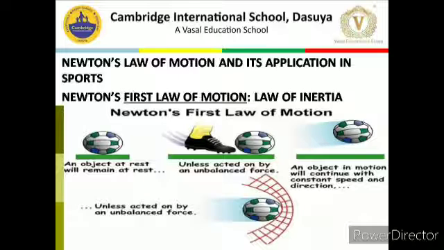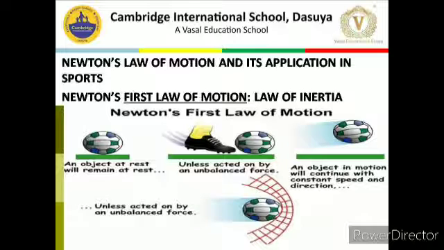An object remains in a state of rest or of uniform motion in a straight line unless compelled to change that state by an applied force. I mean, whenever we apply force, then the object will move. In other words, a motionless body will remain motionless in the same position unless a net external force acts on it.